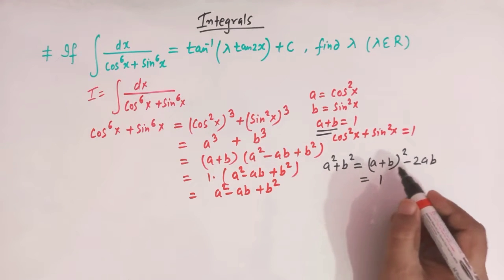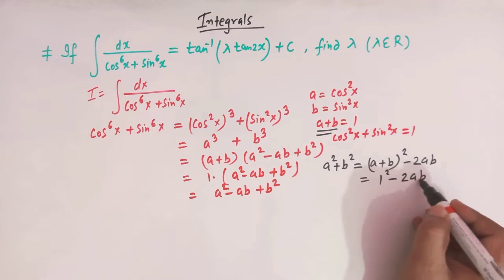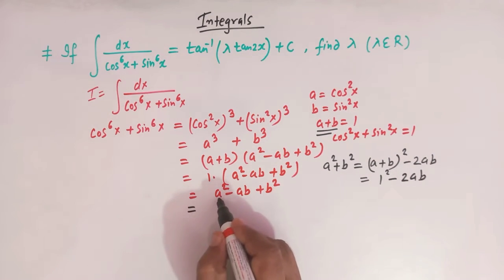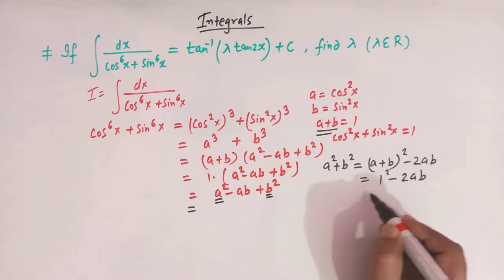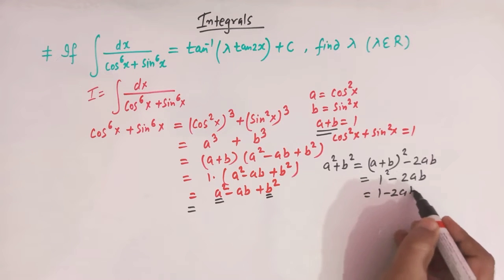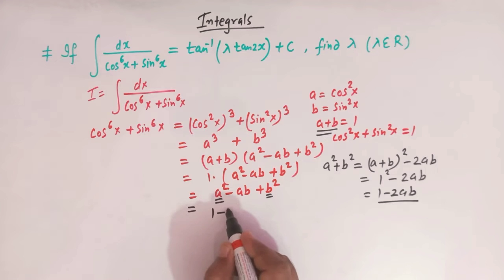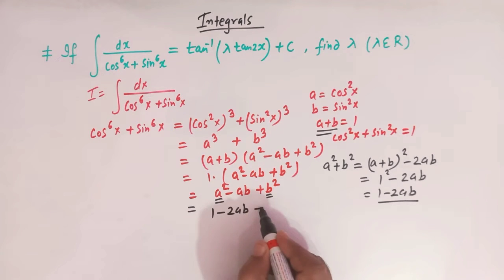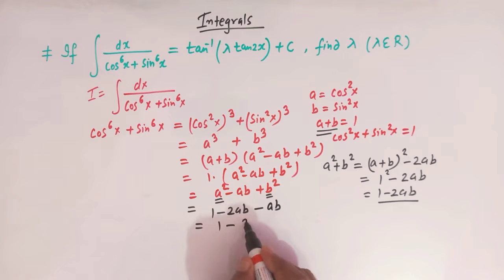So here we have 1 square minus 2ab, so a square plus b square is equal to 1 minus 2ab. Here we substitute this value, so we have 1 minus 2ab minus ab, which is 1 minus 3 times ab.